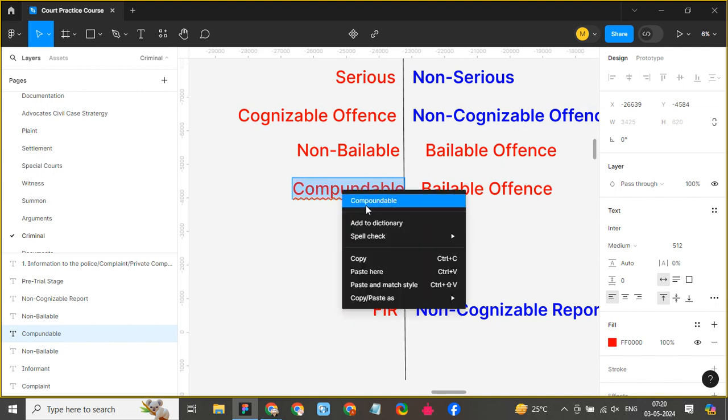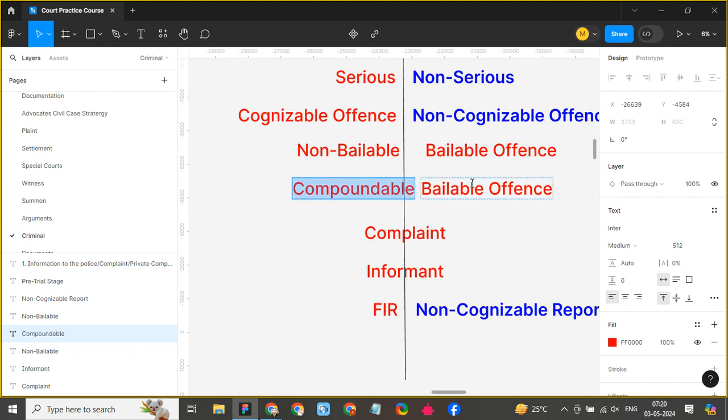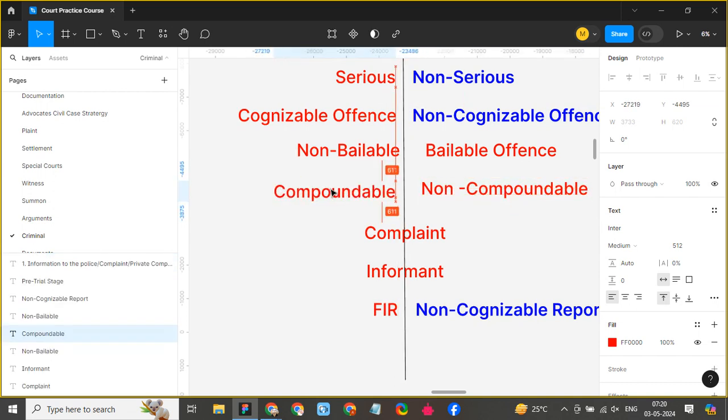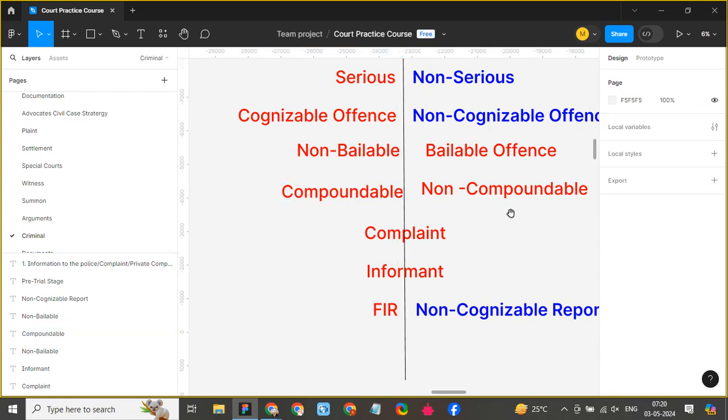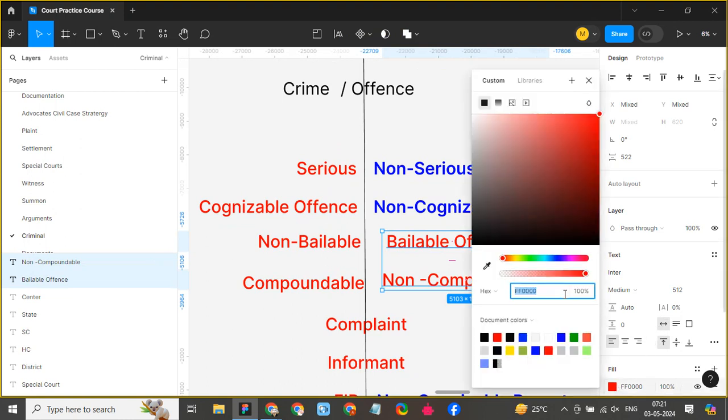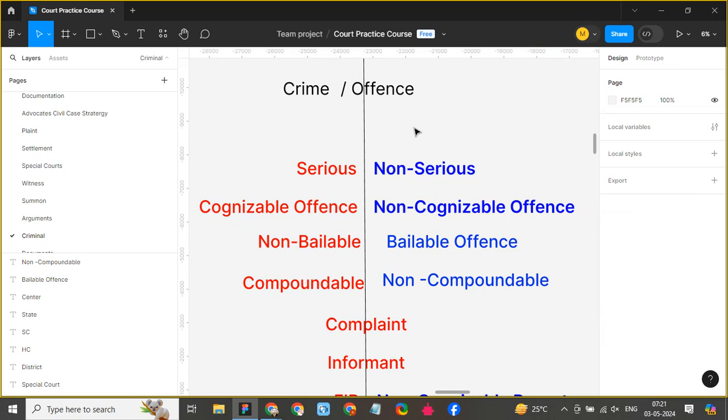So this is one of the important parts we have to remember in this particular topic, and we have to explain all the things together, so it would help us with the distribution of crime according to criminal cases. In the journey of criminal matters, we should remember what kind of crime it is: serious in nature or non-serious.